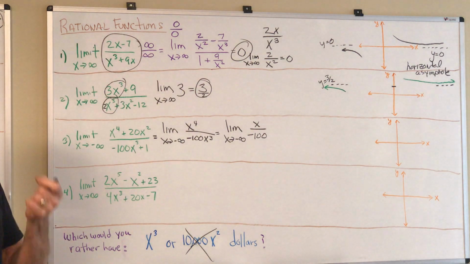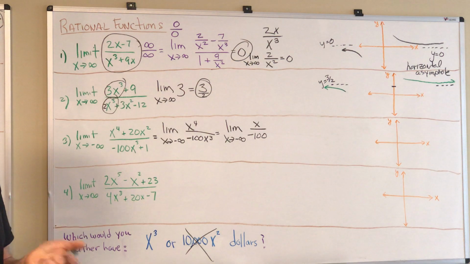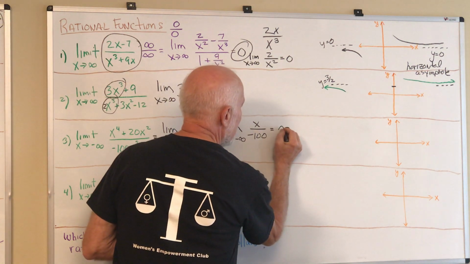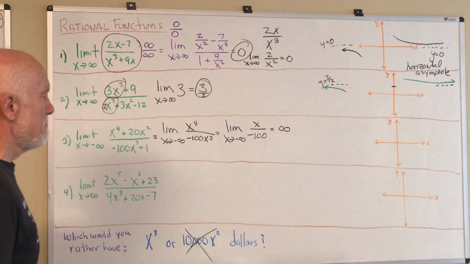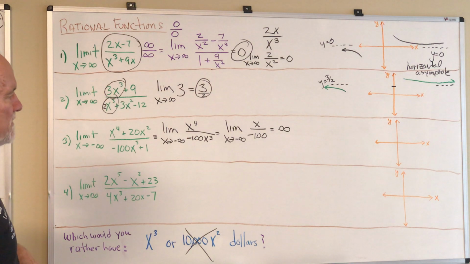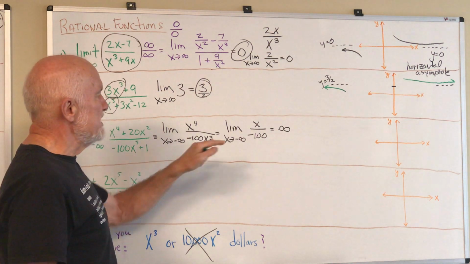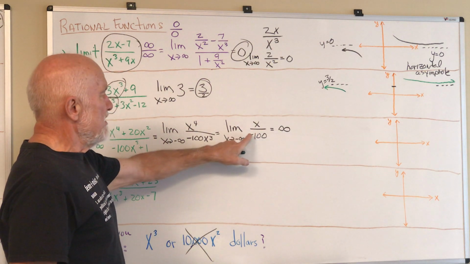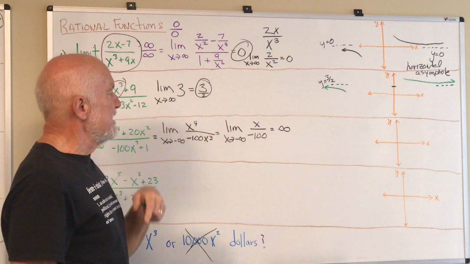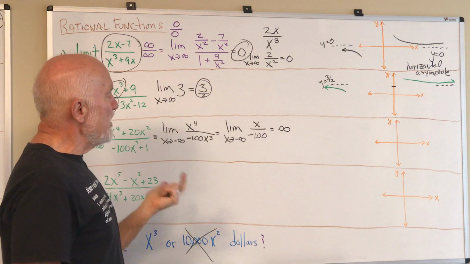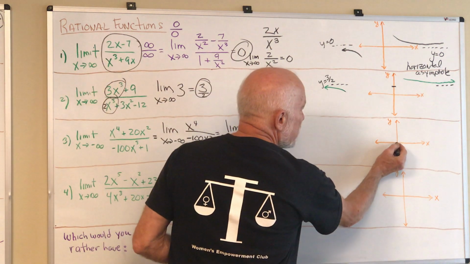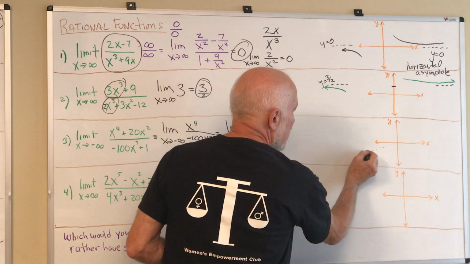A negative divided by a negative would be a positive, but it's going to infinity. So it would just be a positive infinity. And I don't think I'm going to go into it right now too much, but the function begins to look like negative 1/100th x, which is just a straight line.